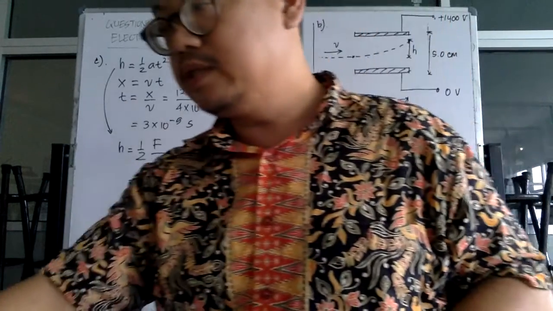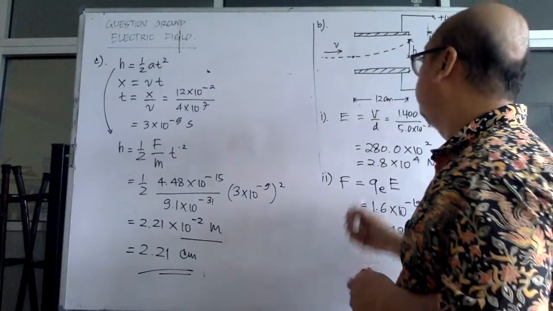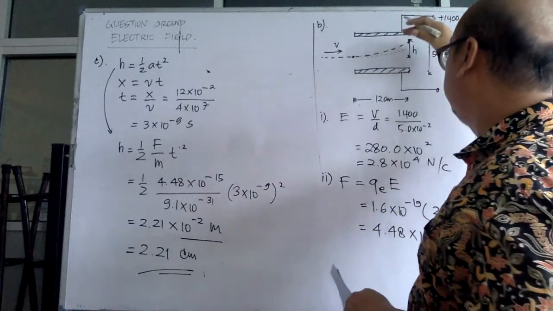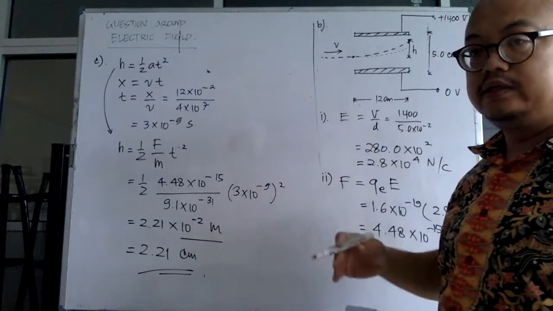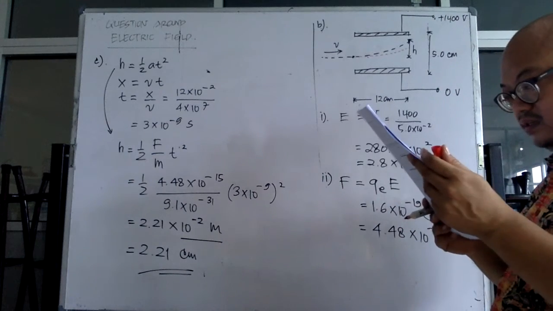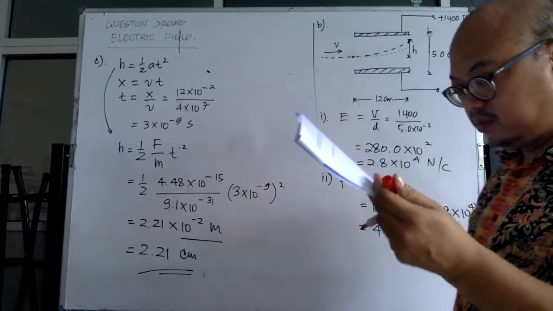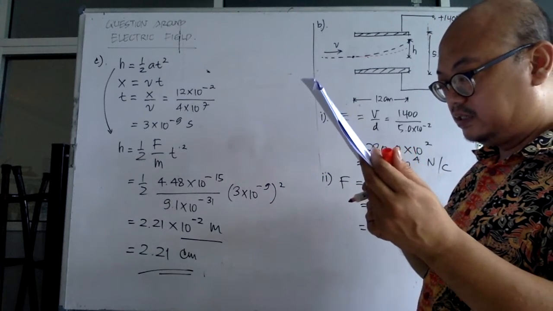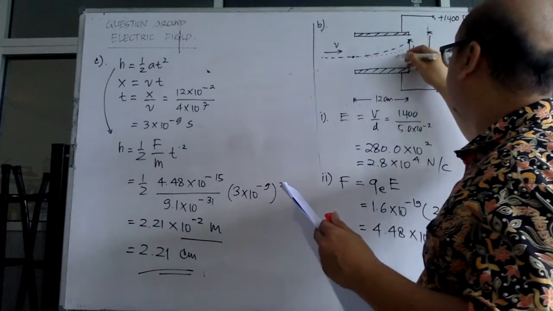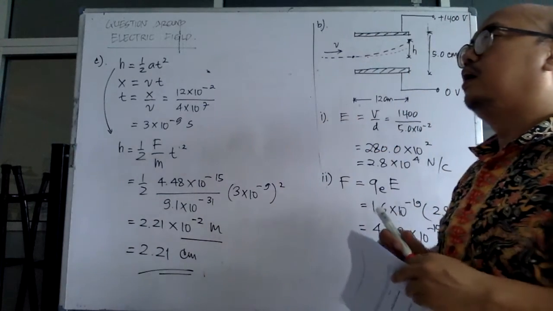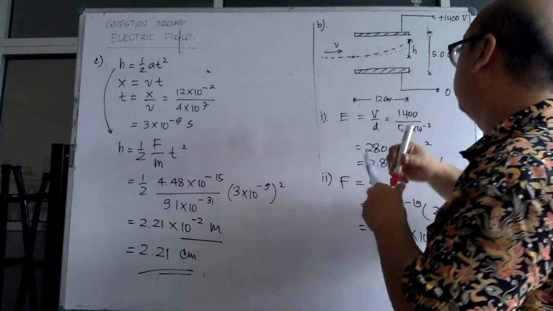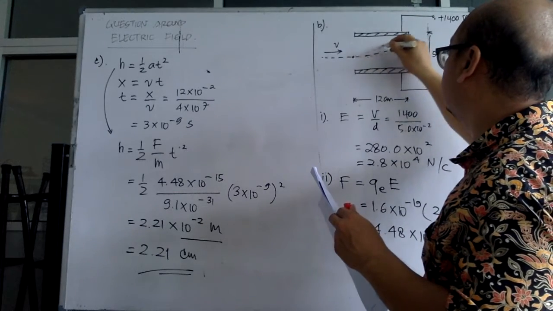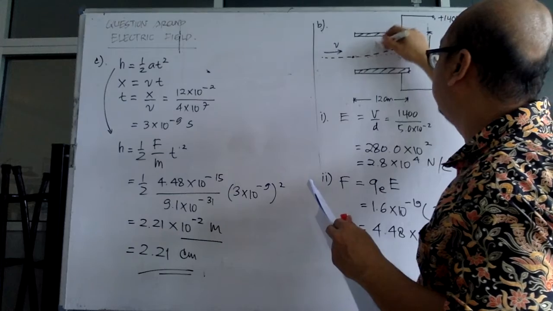If the potential difference decreases, it will not be like this one, it will be like this one. The path will be going down and h will be smaller than before. Sorry, this is B when it decreases, and when it increases it goes up, this is A.